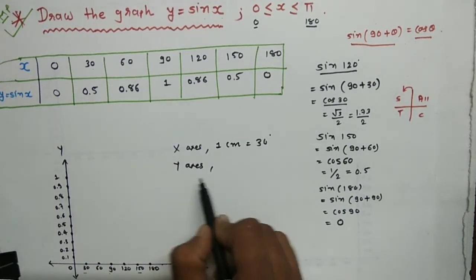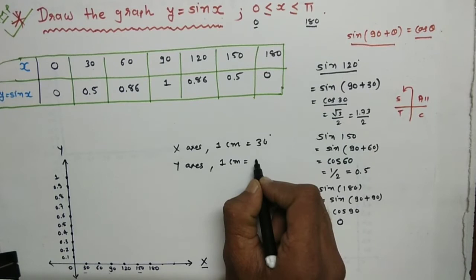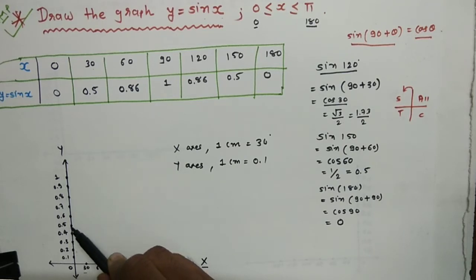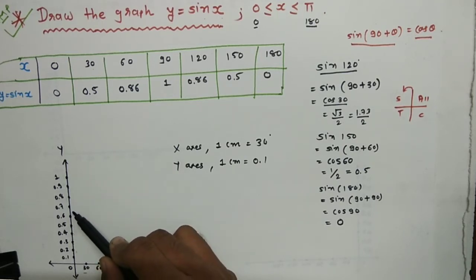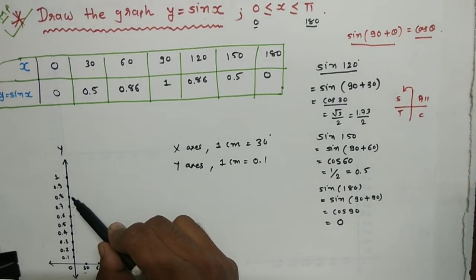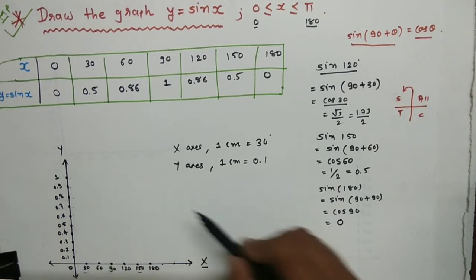So on the y-axis we take 1 centimeter is equal to 0.1. You can see here 1 centimeter is equal to 0.1, 0.2, 0.3, 0.4, 0.5, 0.6, 0.7, 0.8, 0.9 and 1.